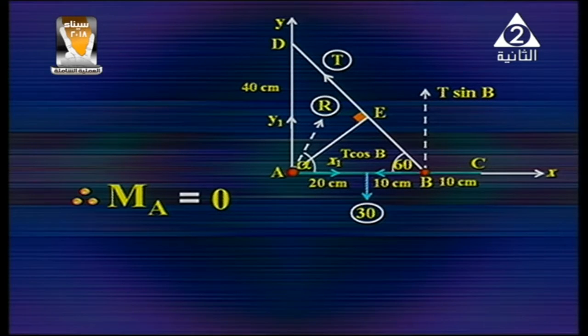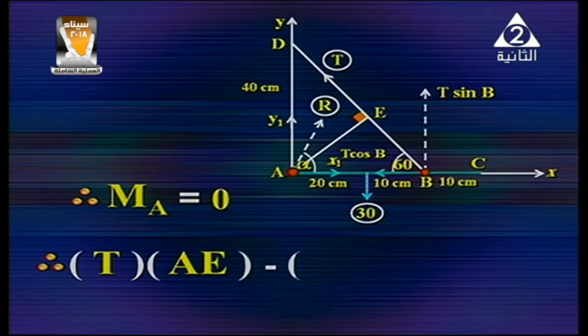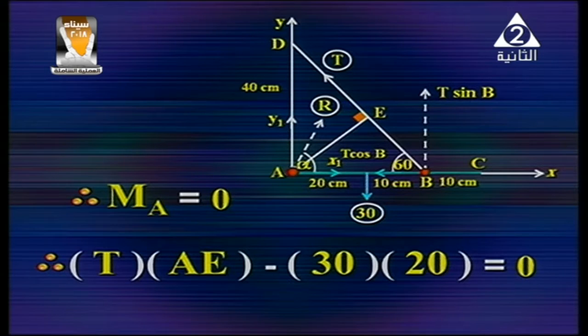What do you deduce? Excellent student. We take the moment about point A equals 0. Then T times AE minus 30 times 20 equals 0. What is the length of AE? By using the Euclidean theorem, we find AE by multiplying 40 times 30 over 50, which equals 12 over 5, equal to 2.4.